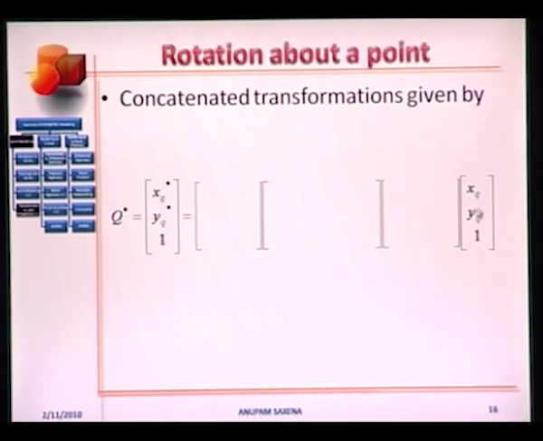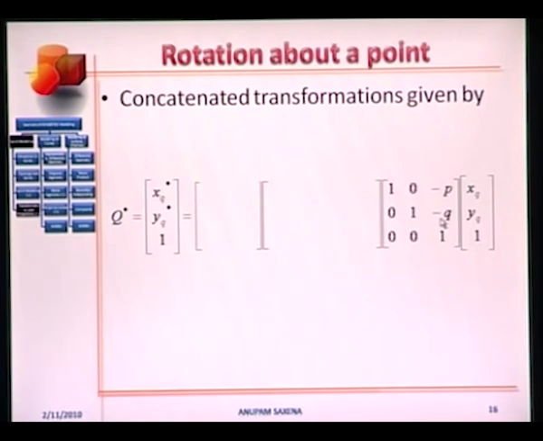And XQ, YQ, 1 are the homogeneous coordinates of the previous location of Q. Of course, there are 3 matrices corresponding to 3 different transformations. The first one was translation of P to 0. Notice the appearance of minus signs over here.